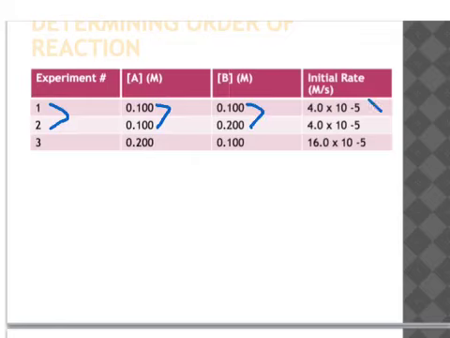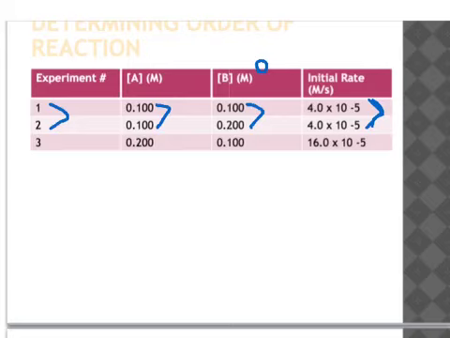Now, look what happened to the rate. Nothing. If you double the concentration of a reactant and nothing happens to the rate, then we would say that it was zero order with respect to that reactant.